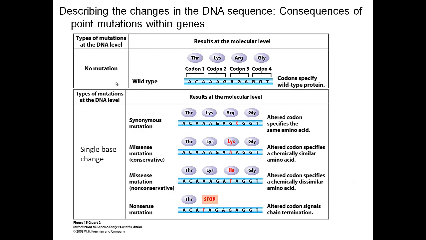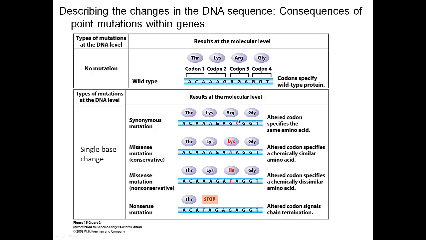If we look at a particular protein coding gene, it has a particular sequence, and that sequence will encode amino acids. This is the normal version. There are 4 amino acids that are encoded here, and each codon has 3 bases. There are a number of different types of mutations that can happen.